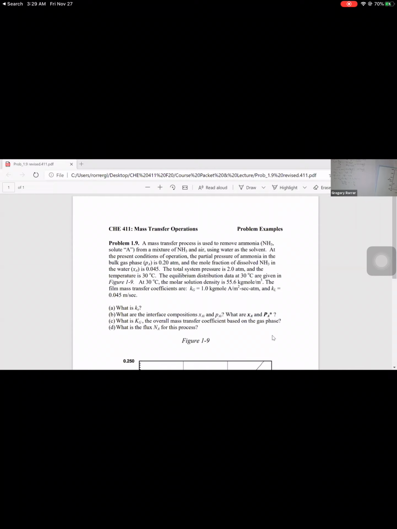In this case, the slope will be minus kx on kg. So when we go to this diagram, the slope that'll get us those interface compositions is minus kx on little kg.